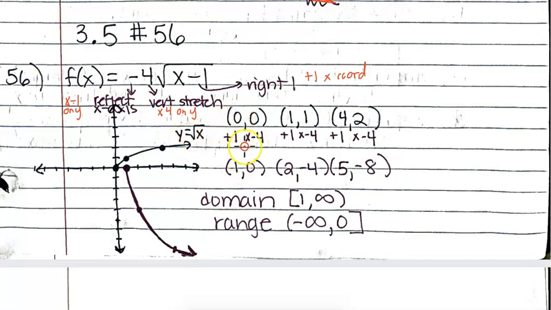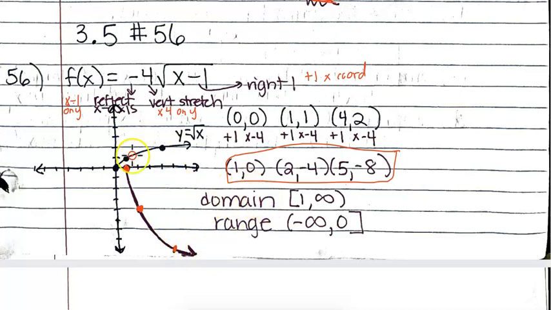So add 1, times -4, add 1, times -4, add 1, times -4. And these are my 3 points that I then use to graph. So 1, 0 here, 2, -4, 5, -8, and then of course I connected with the shape.